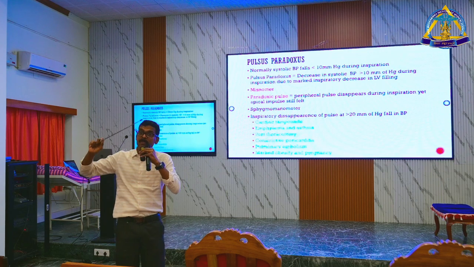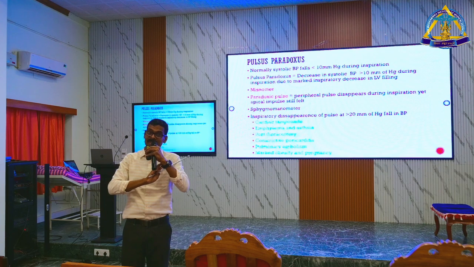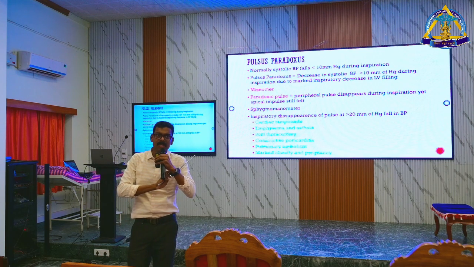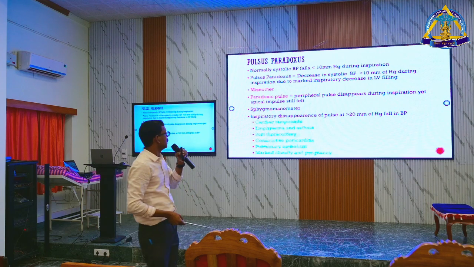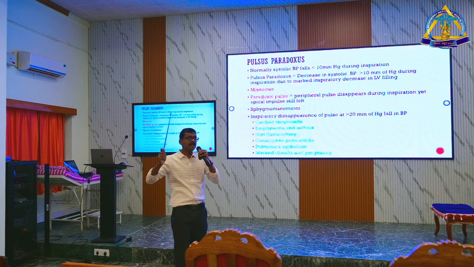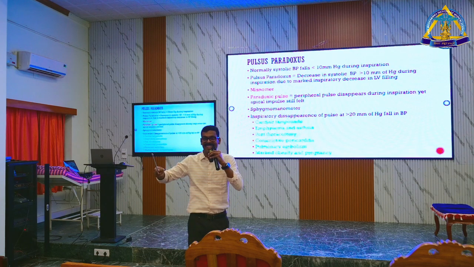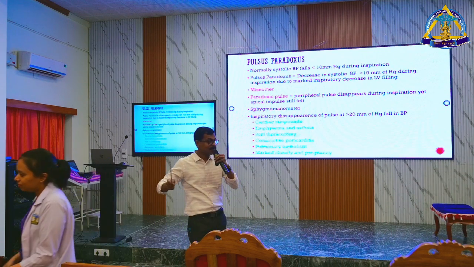If it happens more than 10 millimeters, you will feel a weak pulse during inspiration, more than 20 millimeters. And using a sphygmomanometer measurement, you can actually assess it. I don't have time to tell you how to do that, but you come and learn because it's an important sign in pericardial diseases, pericardial tamponade. Okay, so very important.